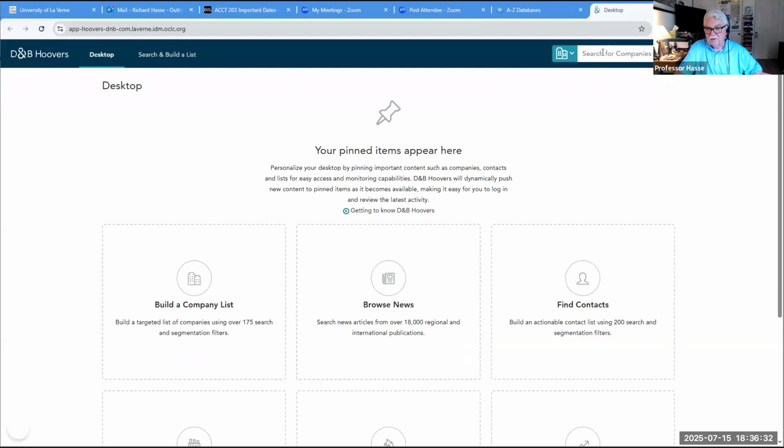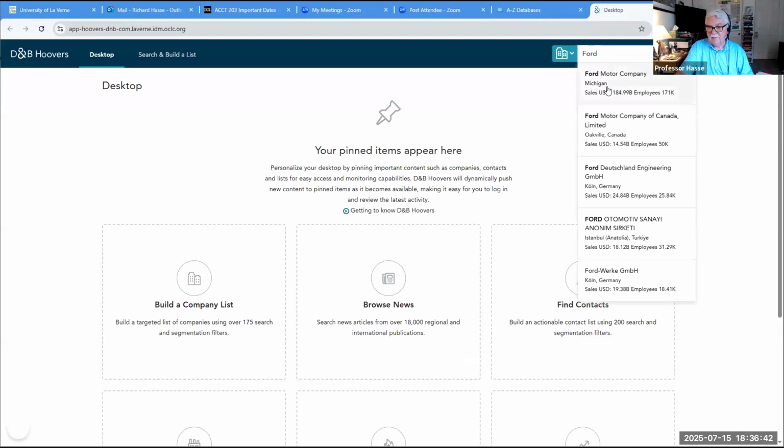You just go up here to search for companies and type in the name of your company. So let's say I'm trying to find Ford Motor Company. Up will come, right at the top of the list, Ford Motor Company. Don't pick Ford Motor of Canada or Germany. Just pick the one on top.